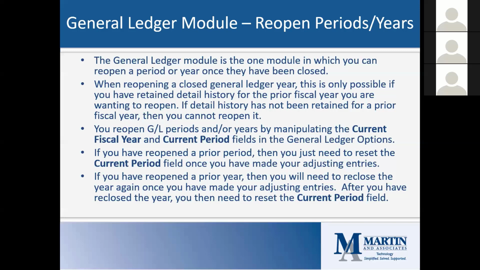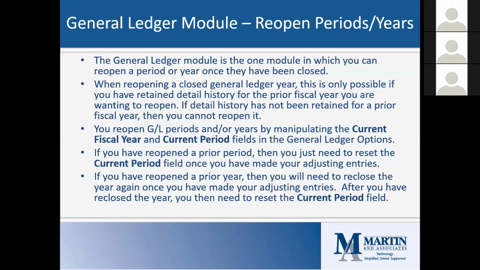Let's say we don't have our year-end adjusting journal entries from our accountant yet, but we don't want to leave our year open for 2021 as we roll into 2022, because we don't want people to accidentally post to 2021. So we could go ahead and close the year 2021. That would change the current period to 1 and the current year to 2022.